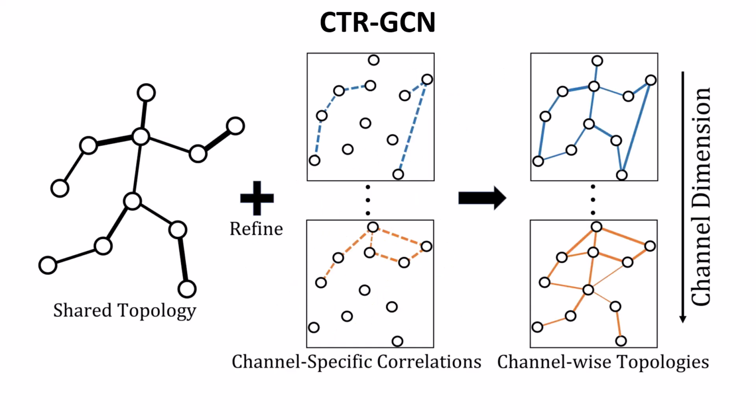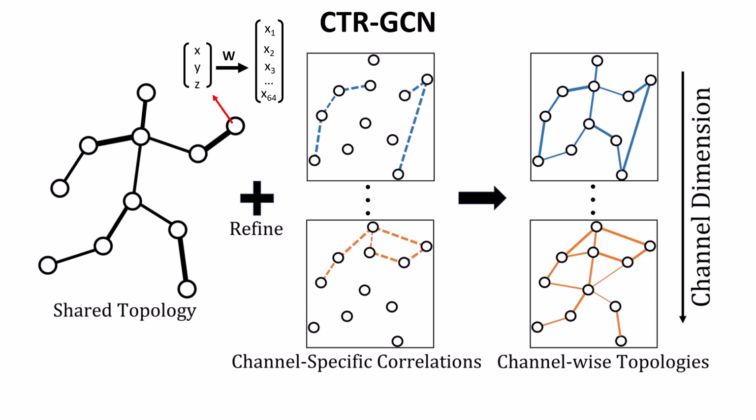But then in ICCV 2021, researchers proposed CTR-GCN, or Channel-Wise Topology Refinement GCN, which essentially defines some shared topology based on physically connected edges. Each node is initially represented by three values, right? X and Y and Z. And we use some matrix multiplication W that maps it from 3 dimensions into a higher dimension like 64.